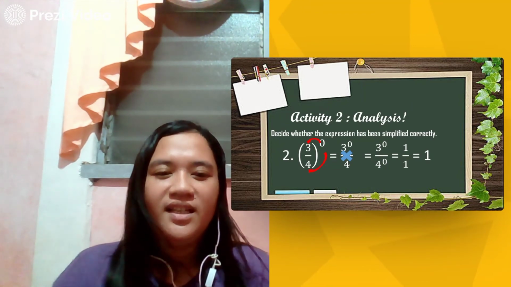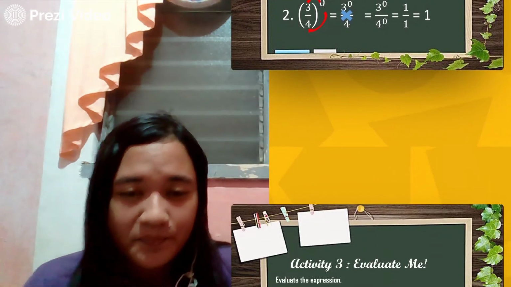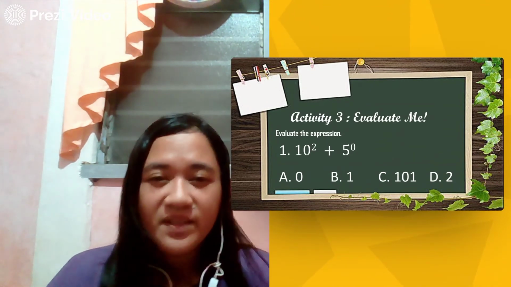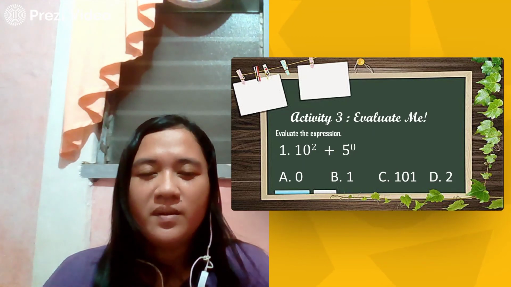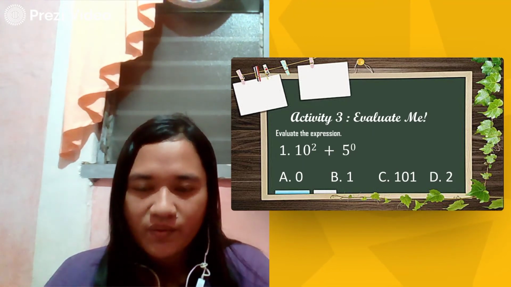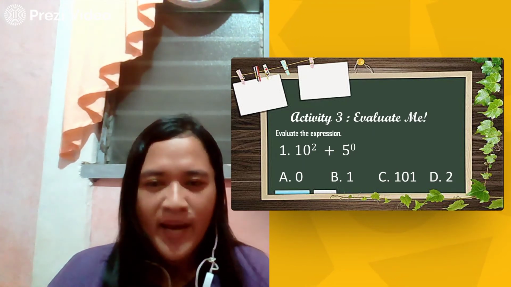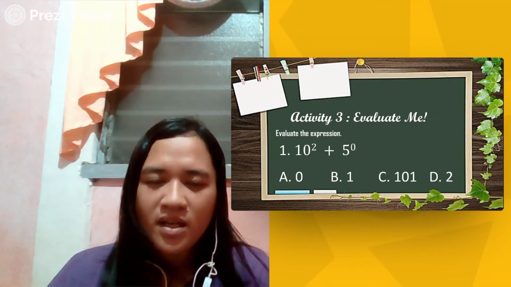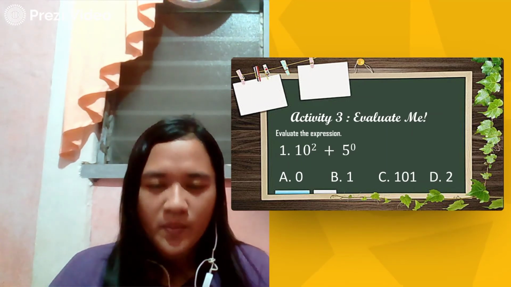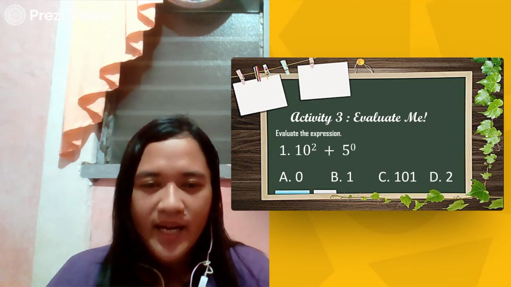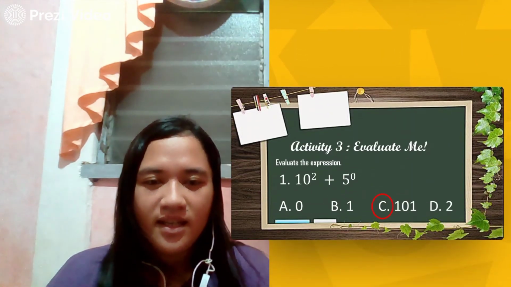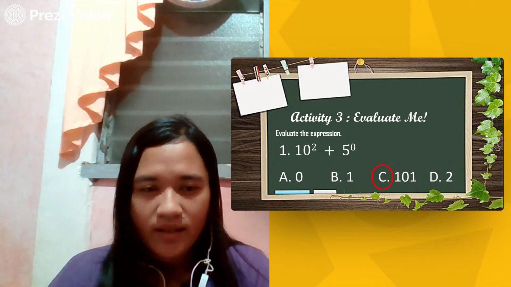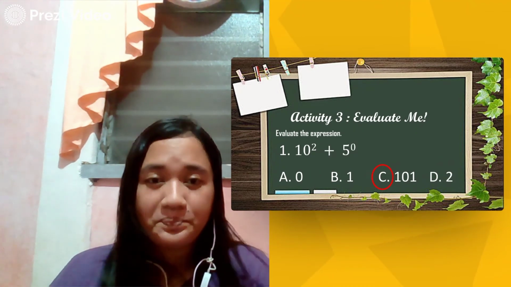Okay, sige. Gets good more. So, next one. Activity 3. Evaluate. So, find the answer. Find the solution. Ano sa may answer? C po, ma'am. That's right. It is 101. Why?